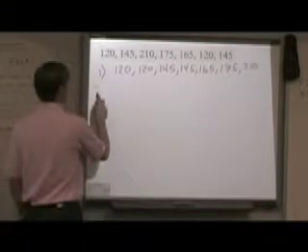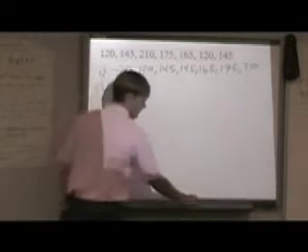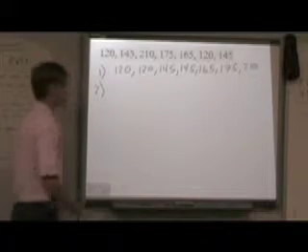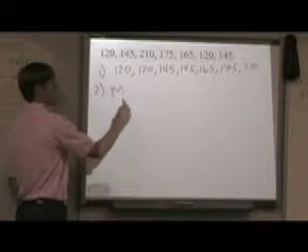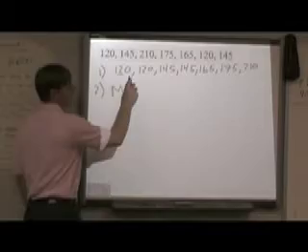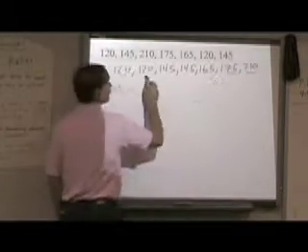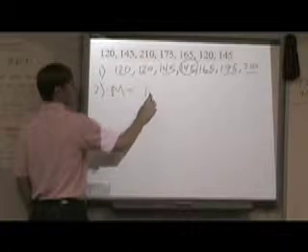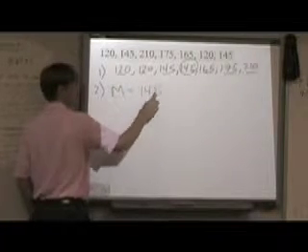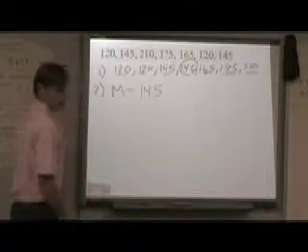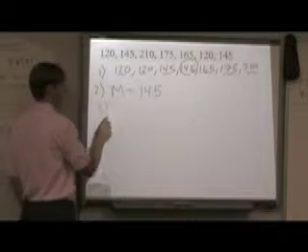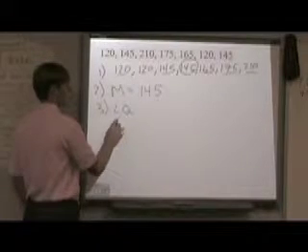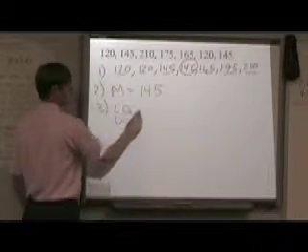The second step is to find the what? The median. The middle of that data. Okay, so the middle of that data is going to be what? 145. So that's our median. Okay? The third step is to find the lower quartile and the upper quartile.